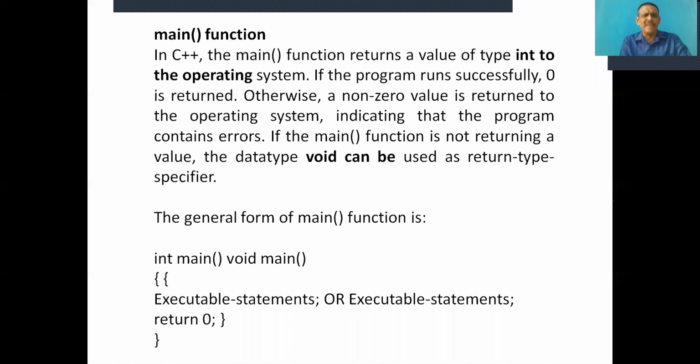If your program contains errors, then it gives a non-zero value to the operating system. It indicates that it contains errors. If the main function is not returning a value, then the void data type can be used.